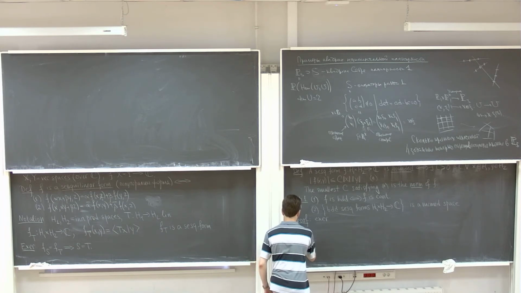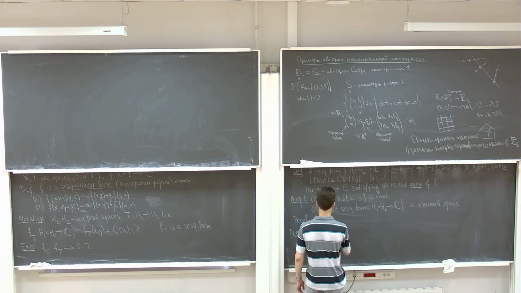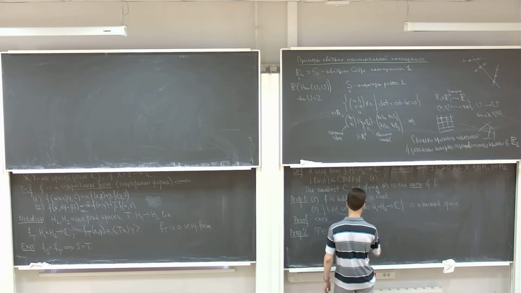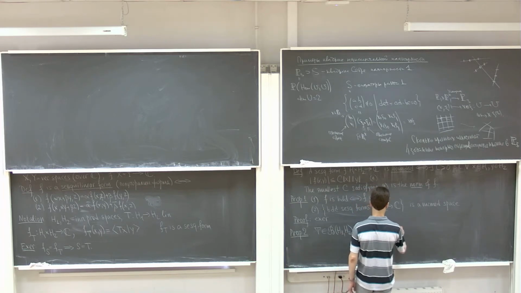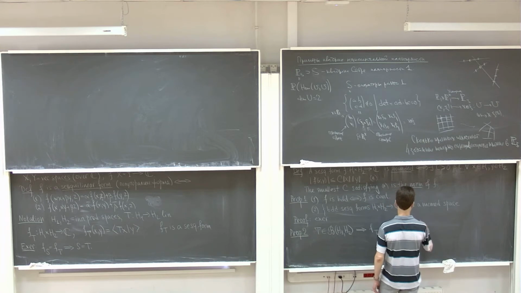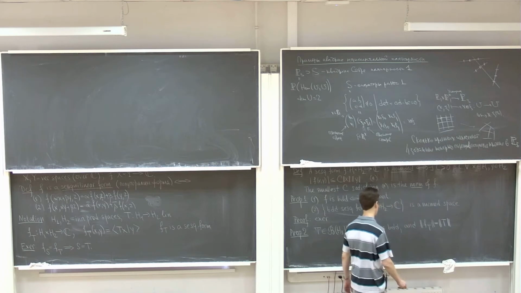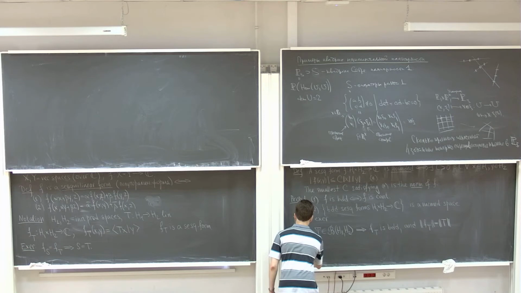Now, proposition 2. Suppose that we have a bounded linear operator T from H1 to H2. Then I claim that the respective form F_T is also bounded. And moreover, the norm of F_T equals the norm of T. Well, again, the proof is just a line.